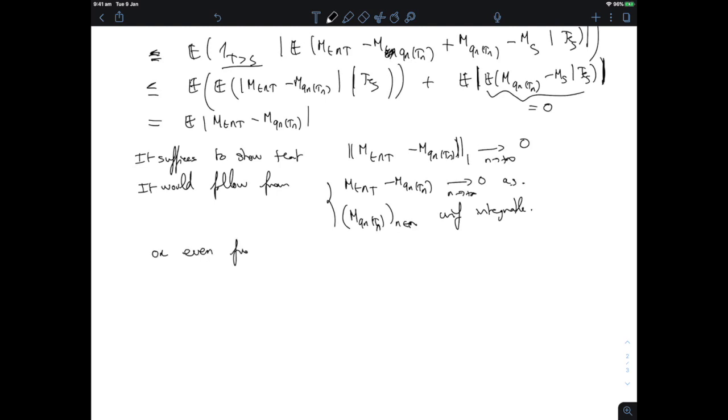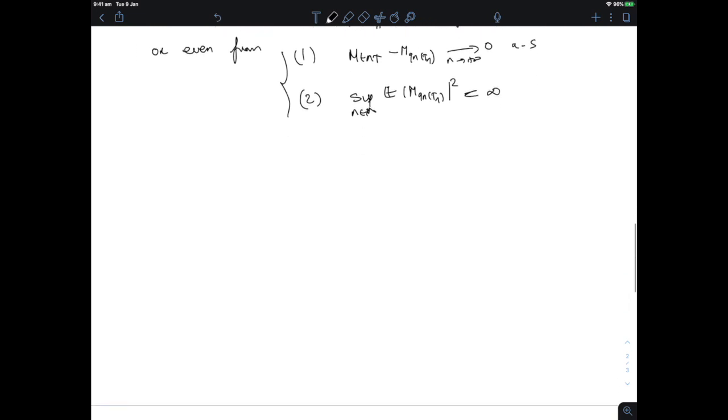So this would also follow from proving two things: one, almost sure convergence, and two, uniform L2 boundedness. So the supremum of the expectation of M_{q_n of tau_n} squared being finite. Okay, so let's prove these two things.